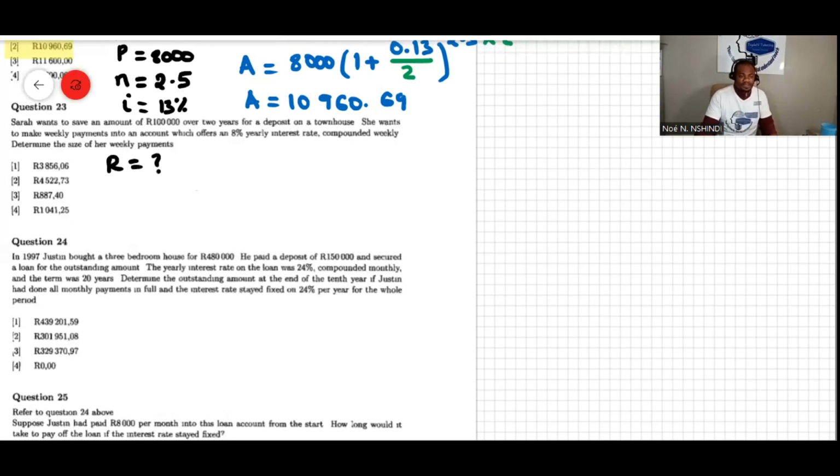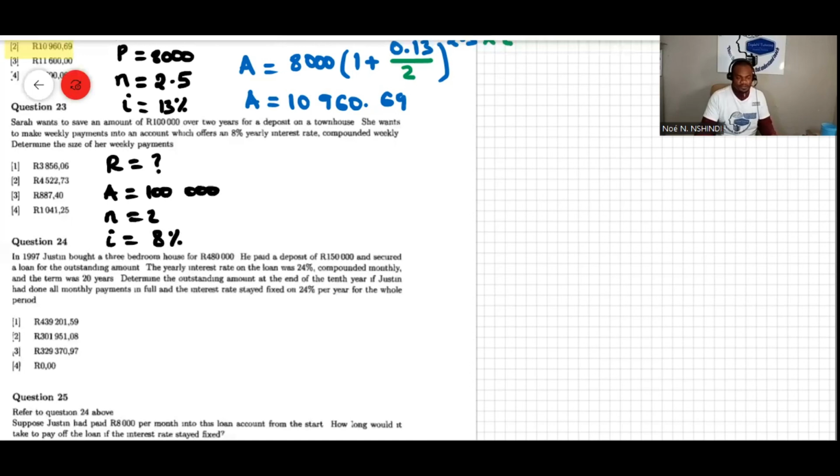Then when it says Sarah wants to save an amount of 100,000, so we say that A, the amount, is 100,000, over 2 years, so n is 2. She wants to make a weekly payment into an account which offers an 8% interest. So the interest here is 8%, compounded weekly.